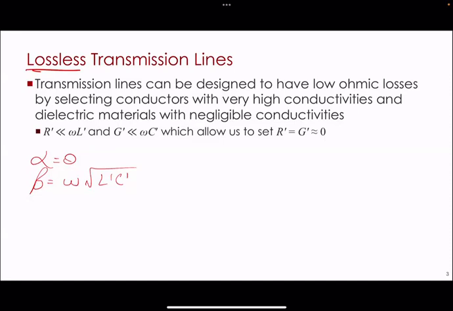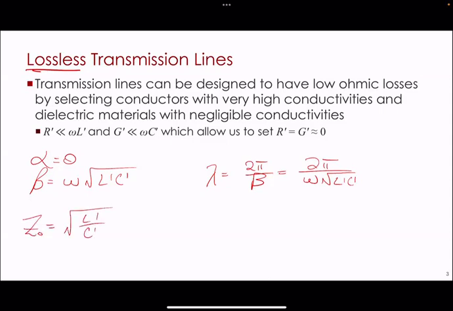Based on that, lambda equals 2 pi over beta, so that's 2 pi over omega square root L prime C prime. We had Z naught being square root of L prime over C prime. And we had UP, which was omega over beta, so that's 1 over square root L prime C prime.